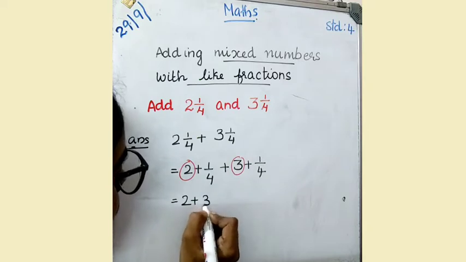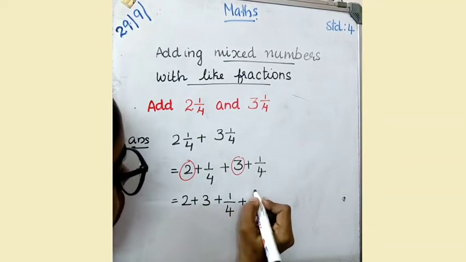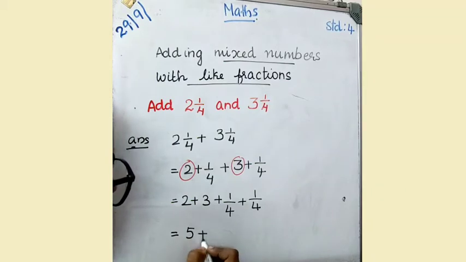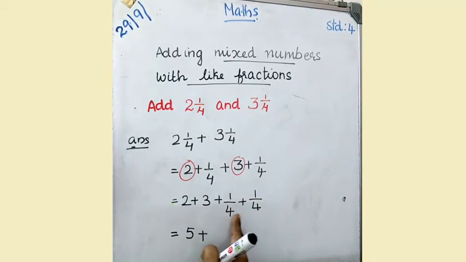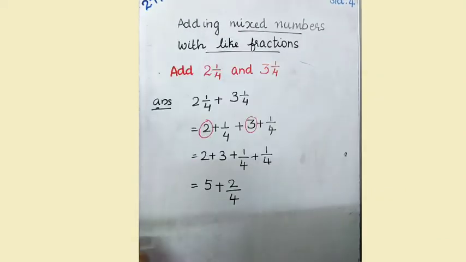2 plus 3 plus 1 by 4 plus 1 by 4 is equal to 2 plus 3 is 5, plus 1 plus 1. I already told you that. How will you add like fractions? Add the numerator only. Plus 2 by 4.